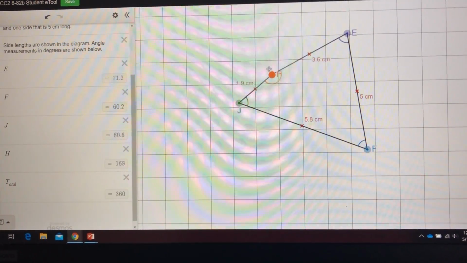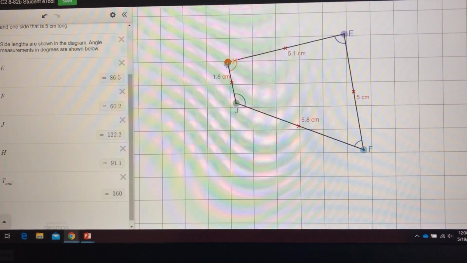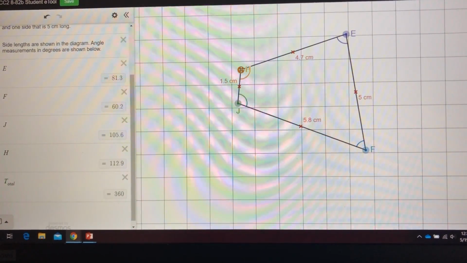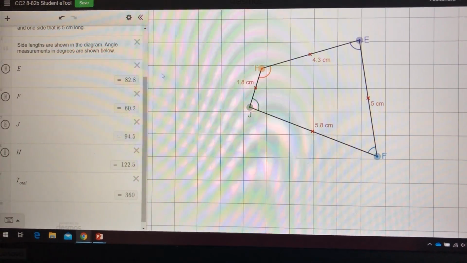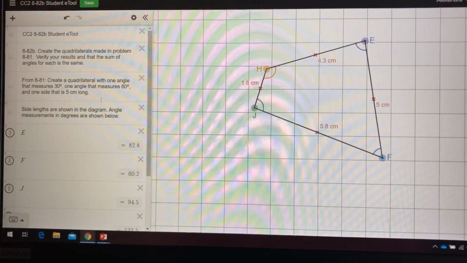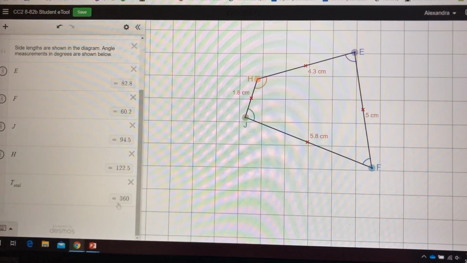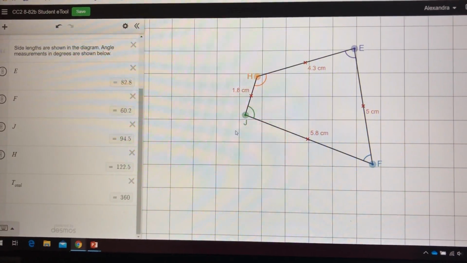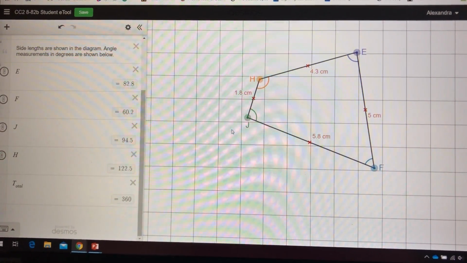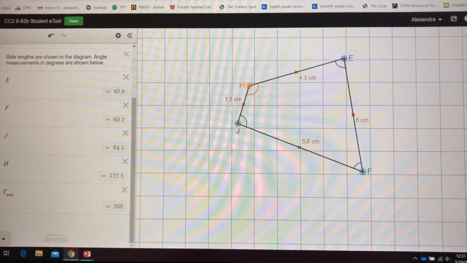Yeah, that doesn't work. So if you mess around with it and try to get a 30-degree and a 60-degree angle, you'll notice that there are different ways you could do it, and it all has to equal 360. All those angles for a quadrilateral have to be 360 degrees.